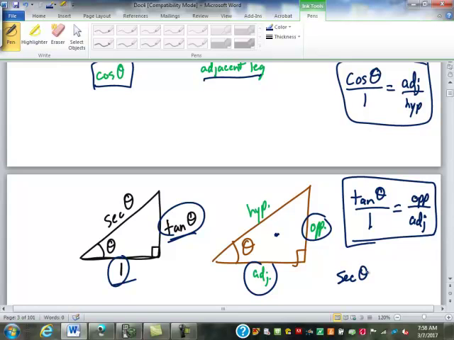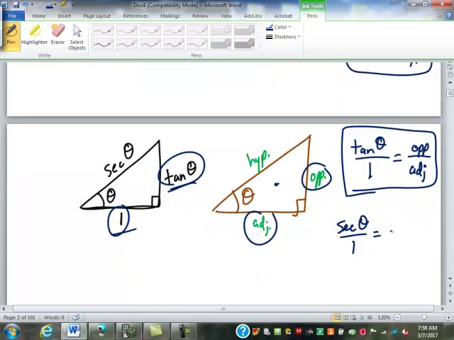Let's look at secant. No, you don't, but I'll show you how to work it in a little bit. So the secant corresponds to what side in the other triangle? The hypotenuse, right? And the 1 still corresponds to the adjacent side.